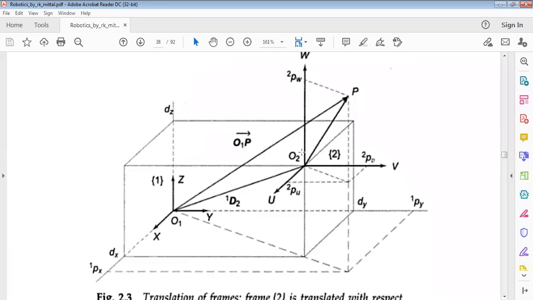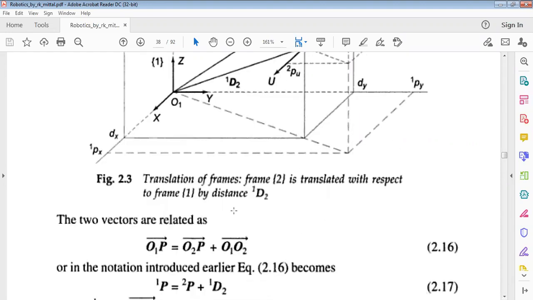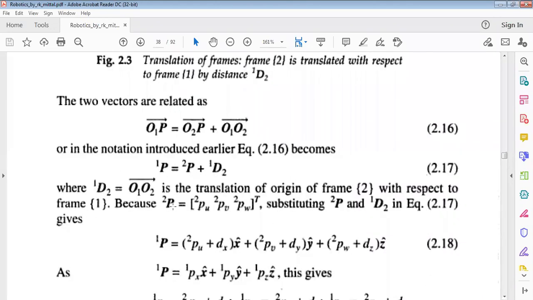According to the law of vector triangle, you know the relation. The longest side of the triangle, the O1P vector, is equal to the summation of the other 2 vectors: O2P plus O1O2. So vector P with respect to frame 1 is equal to vector P with respect to frame 2 plus the translation distance, that is, the translation of the second frame with respect to frame 1.